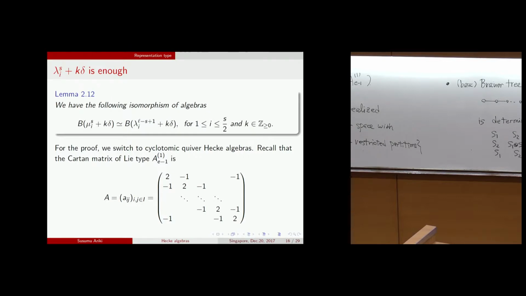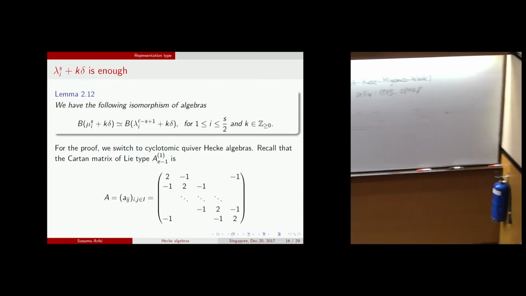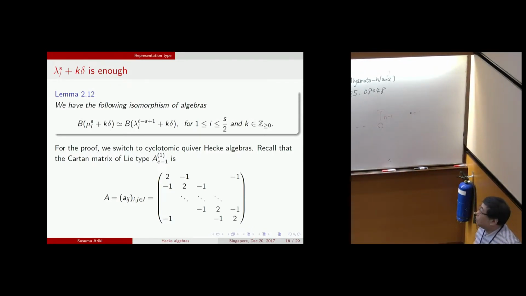But this mu, we don't have to consider the mu_{s,i} case because we have the following isomorphism of algebras. And for this, we switch to cyclotomic Khovanov-Lauda-Rouquier Hecke algebras. And usually, people in this audience use special parameters, special polynomials, the so-called symmetric case for Q_{ij}(u,v).